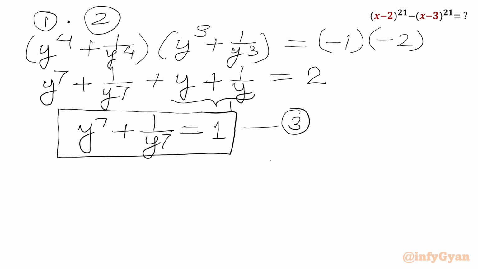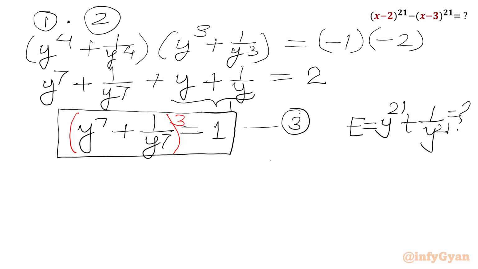Our target expression is y power 21 plus 1 over y power 21. So we need to consider cubing both sides. So we'll put power 3 here, and here also we'll write cube. Now we have to use the (a plus b) whole cube formula here.